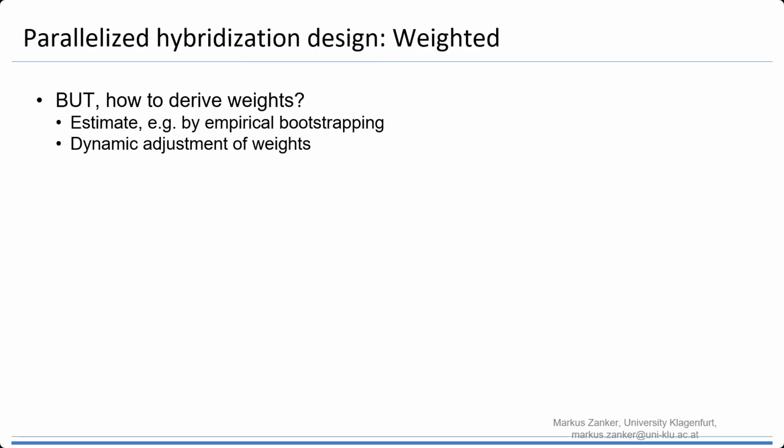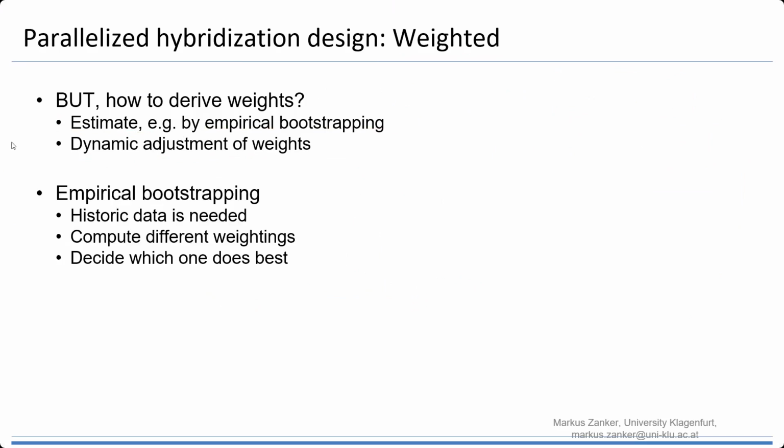But how to derive the weight? Weight is not trivial. Sometimes we need to use some estimation. Maybe we use empirical bootstrapping, or we can use some dynamic adjustment of weights.